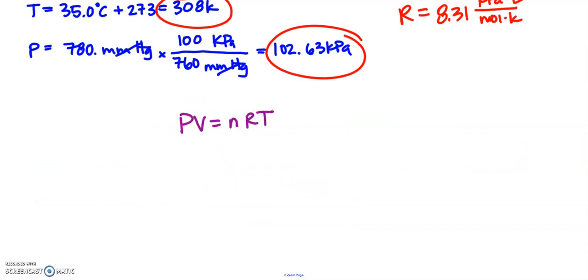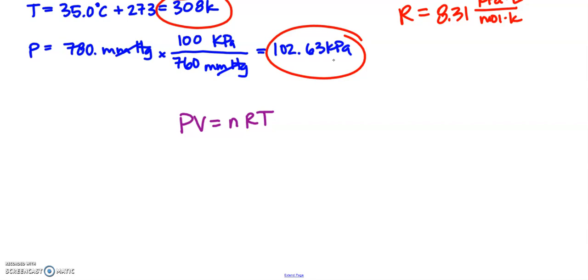Now you have two choices. You can either plug your numbers in right now, so replace P with this 102.63 kilopascals, do the same with n and R and T, and then solve for V, just like you would in math. Or you can do the algebra right now with the letters and solve for V, and then plug your numbers in once.